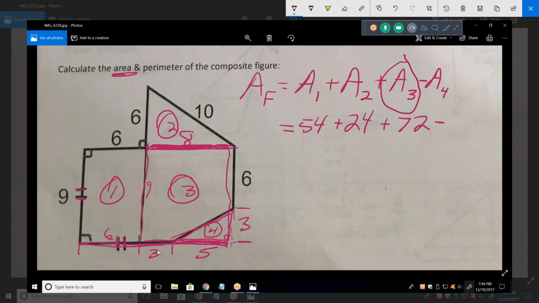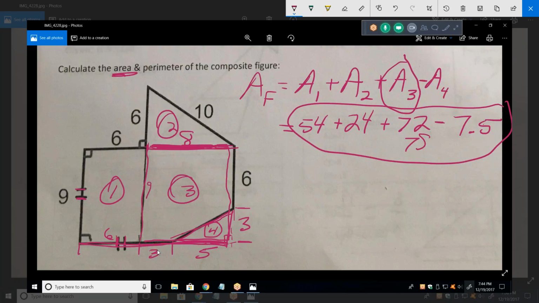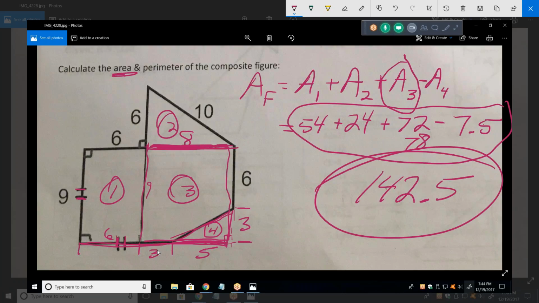What's that? It is 7.5. Sure, they had to throw in a decimal to mess us up. Let's see, 54 plus 24 plus 72 is 150, minus 7.5 gives 142.5. That's the area of the shape.